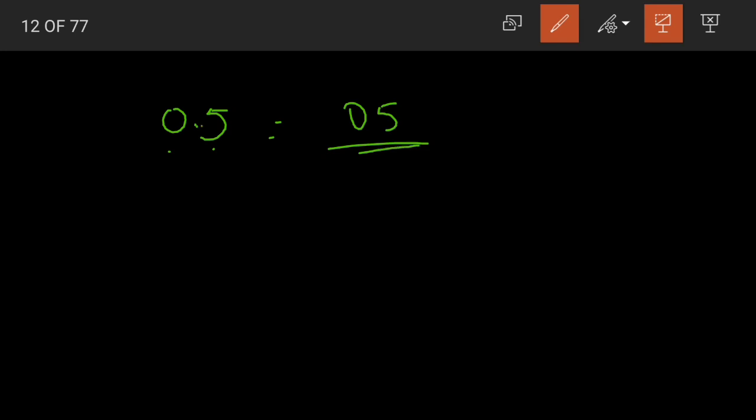Coming to the denominator, how many decimal places do we have after the point? We have one decimal place after the point. So that is why in the denominator we will write 10. If it had two decimal places, we will write 100. If it has three decimal places, we'll write 1000.